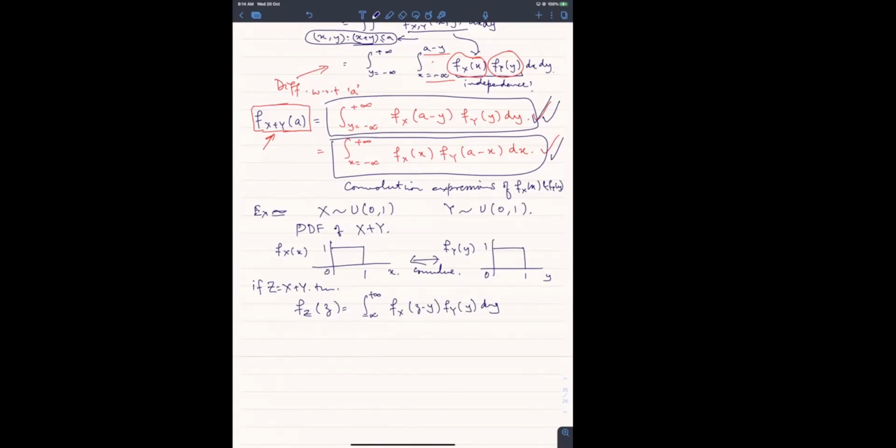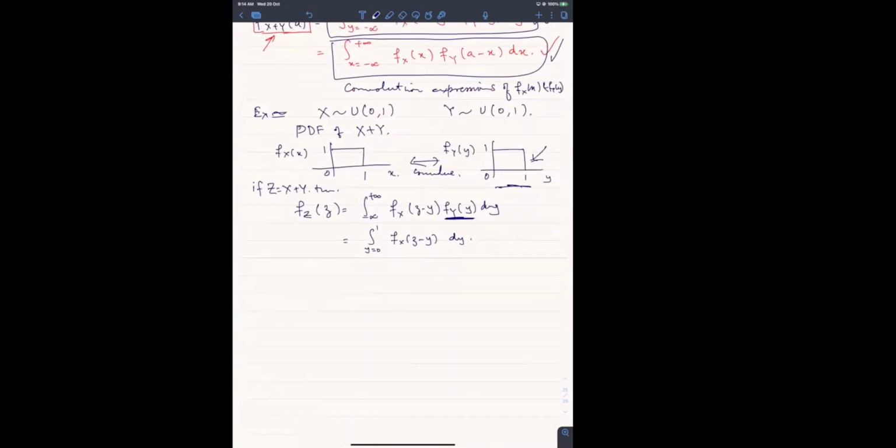Now we know that fY(y) is 1 whenever y is between 0 and 1. So this will automatically become the integral over y between 0 and 1 of fX(z minus y) into 1 dy. क्यों? क्योंकि fY of y जो है वो 1 है between 0 and 1. Now we are left with this guy.